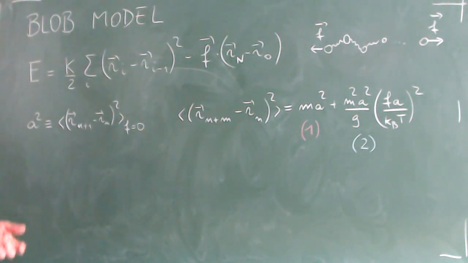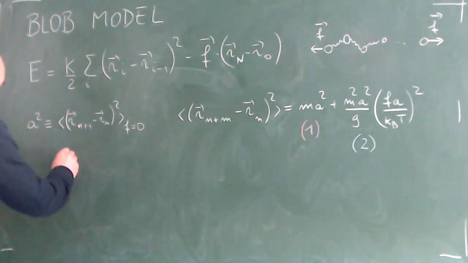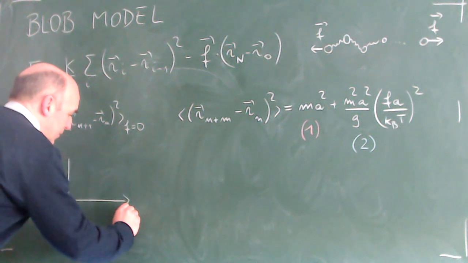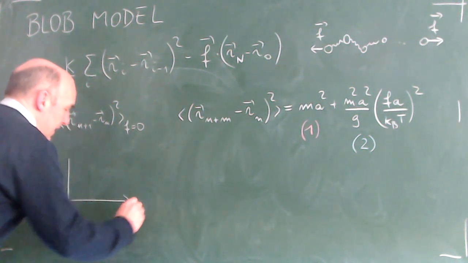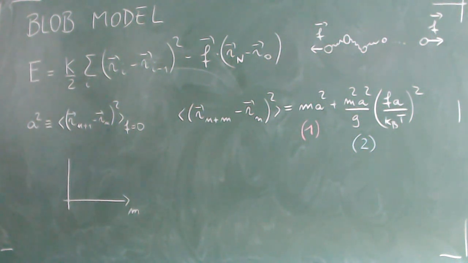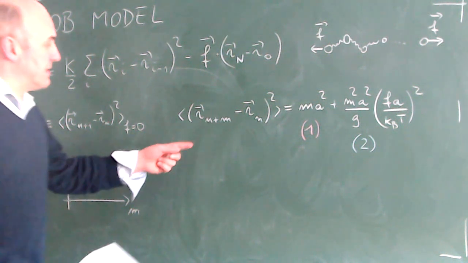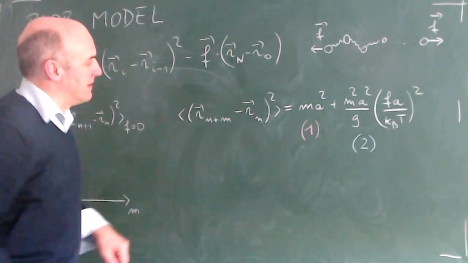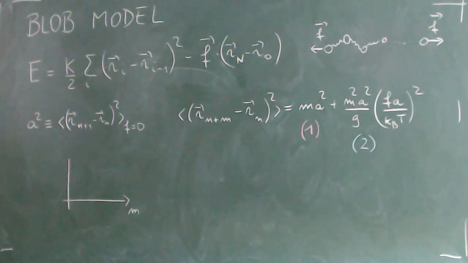So it gives the average square distance between these two monomers. We recognize two contributions, and if we plot the two contributions separately, in the horizontal axis we put the monomer separation, m. Of course this quantity is translational invariant, so it does not depend on the index n, it only depends on the index m.